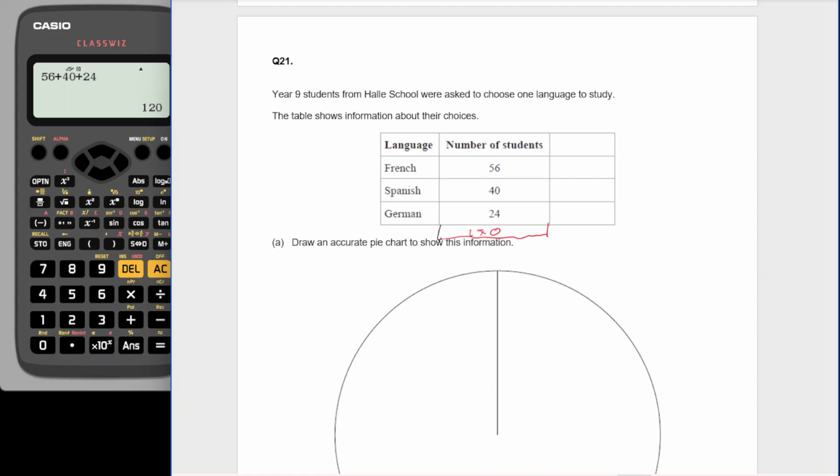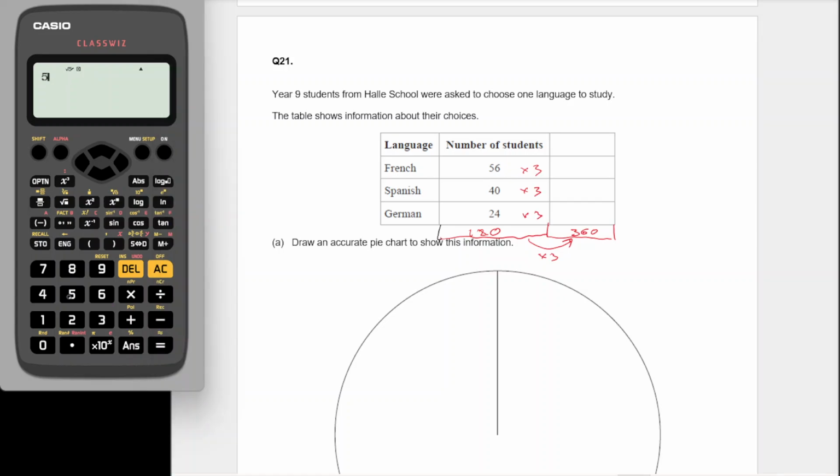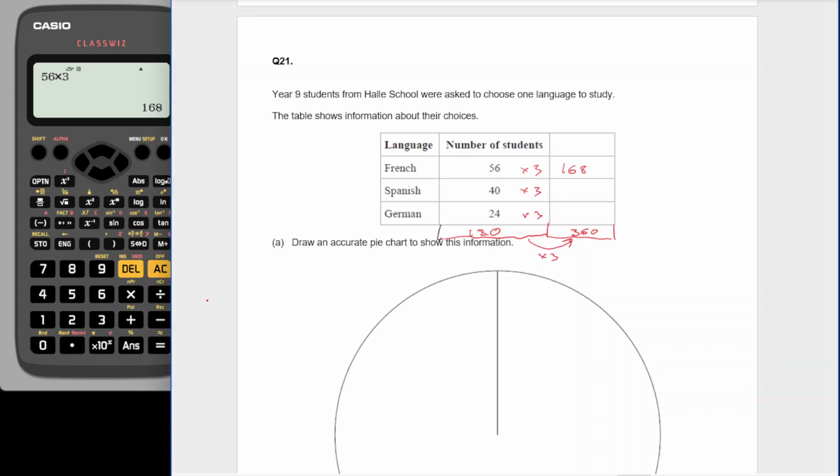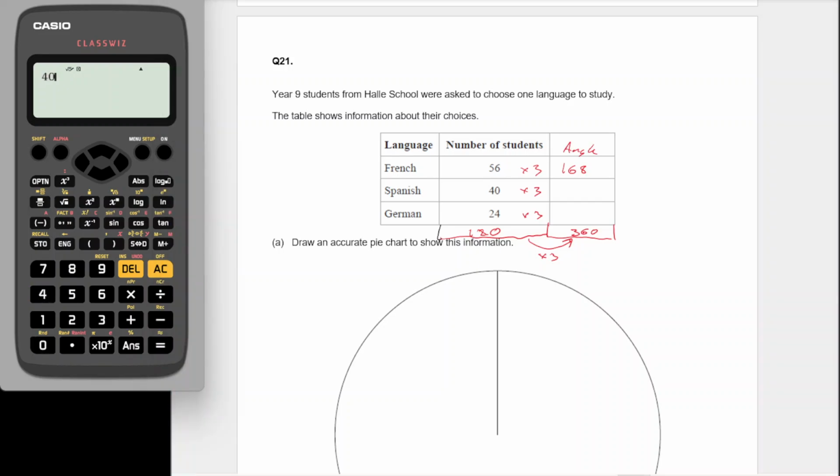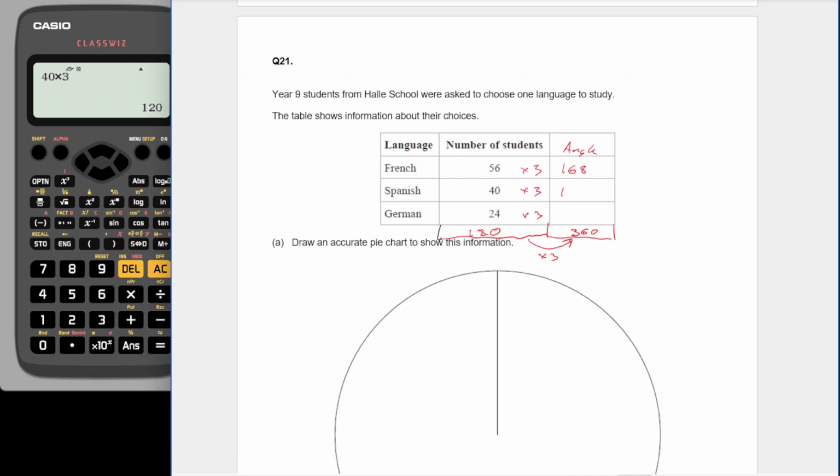Now pie charts need to add up to 360, which means that I've got to times each of these values by 3. So 56 times 3 gives me 168, and I'm going to call this angle. 40 times 3 gives me 120.